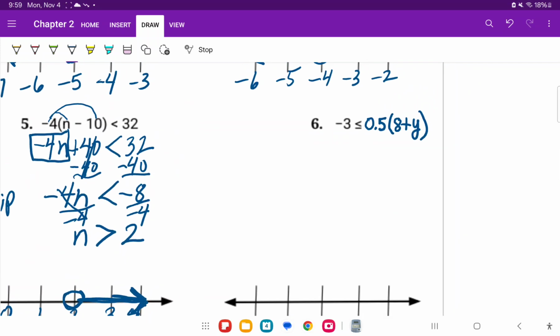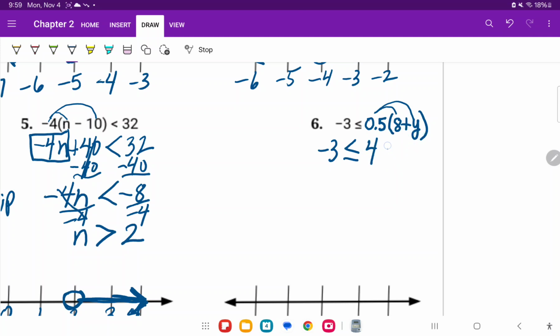Right, so number 6 is also going to be a distributive problem, like this. So we're going to bring down our negative 3, less than or equal to, and then 0.5 times 8. In other words, half of 8 is 4.